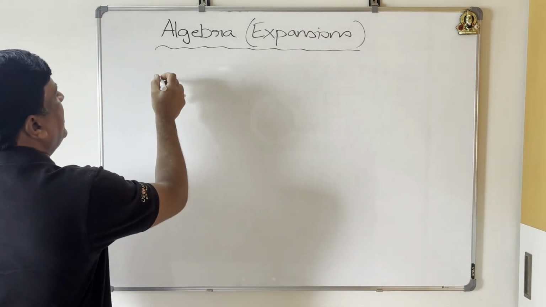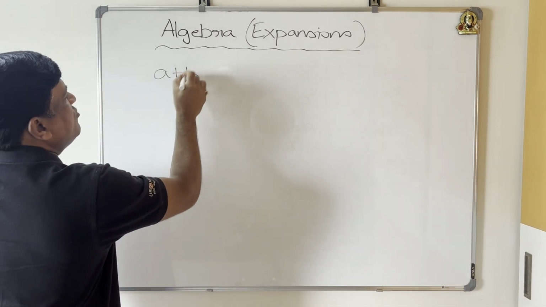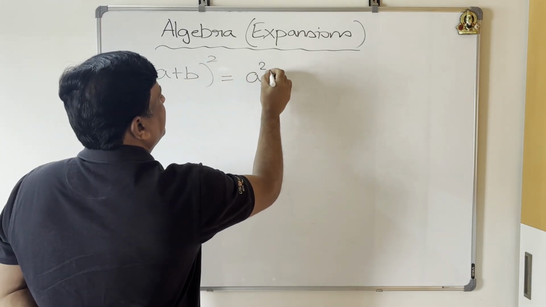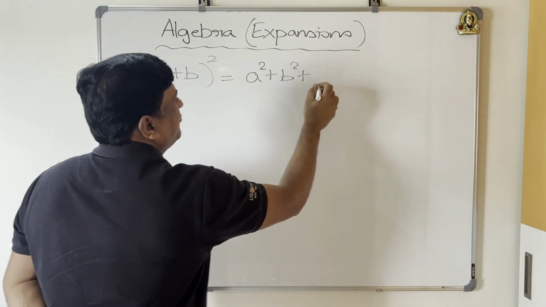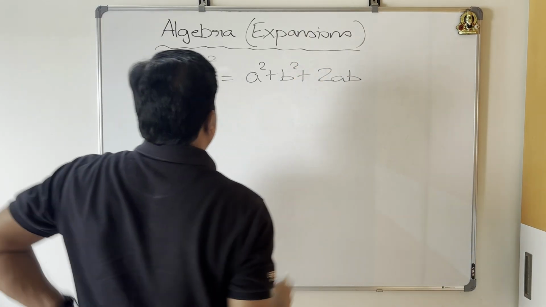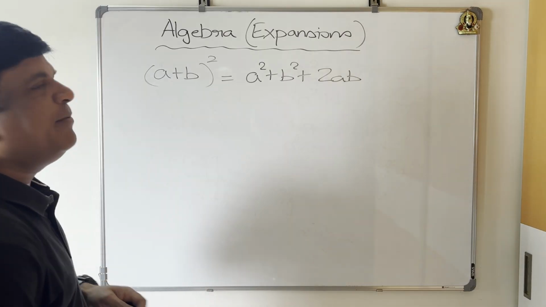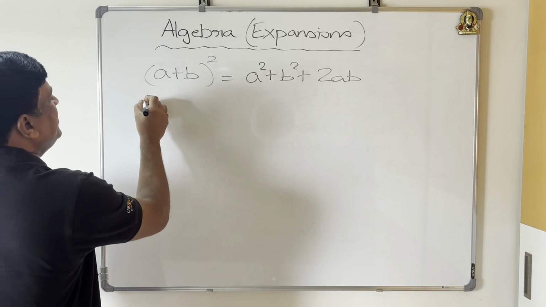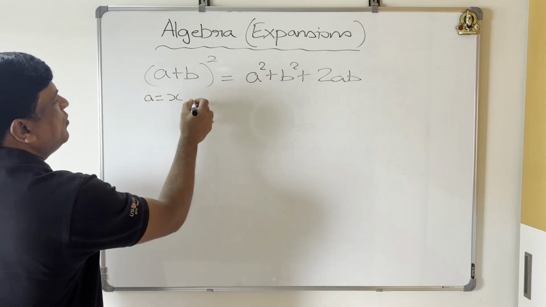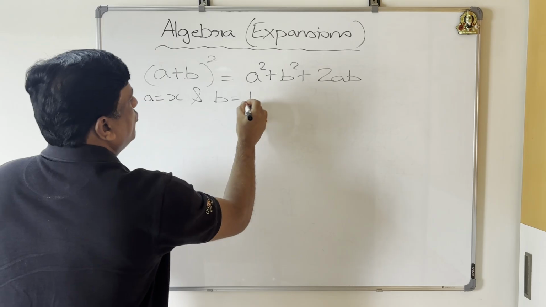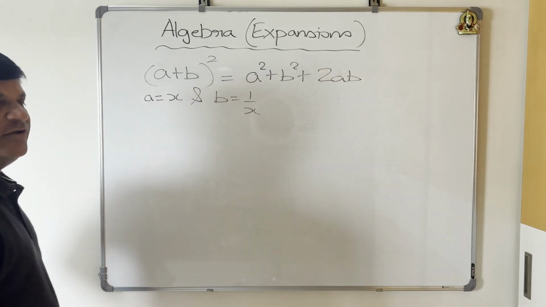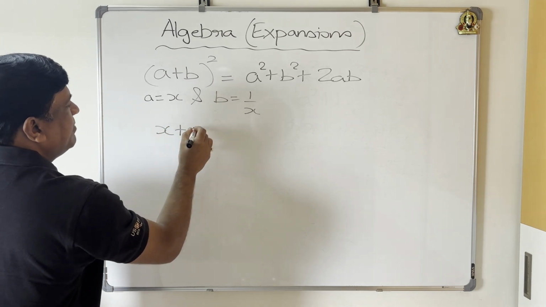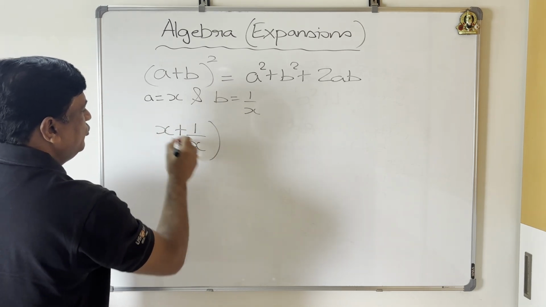Now, you know that a plus b whole square is nothing but a square plus b square plus 2ab. Now what I'm going to do over here is simple. Instead of remembering a lot of formulas, I'm going to replace a is equal to x and b is equal to 1 by x in this expression. Look at it, what do you get? On the left side, it will become x plus 1 by x whole square.